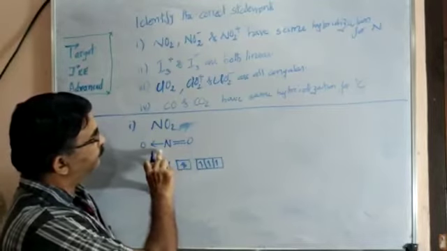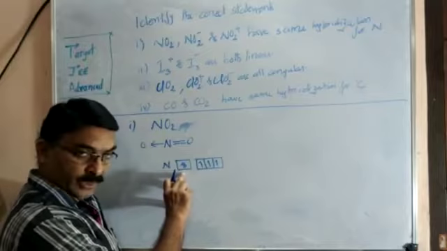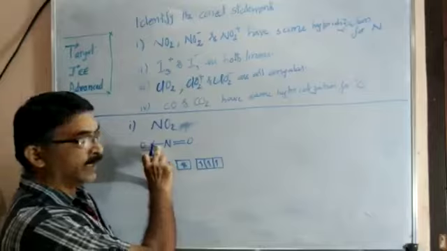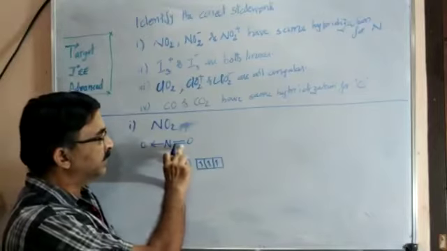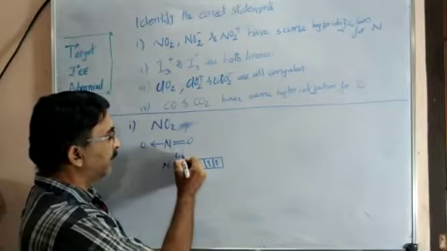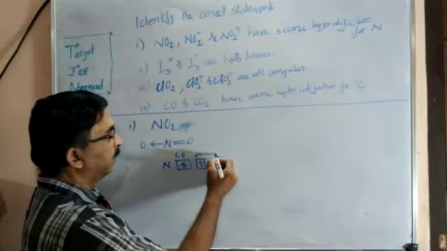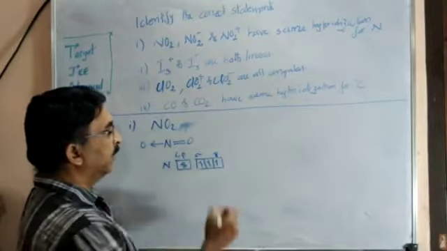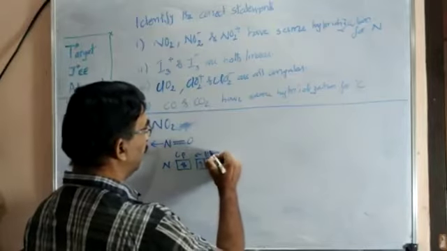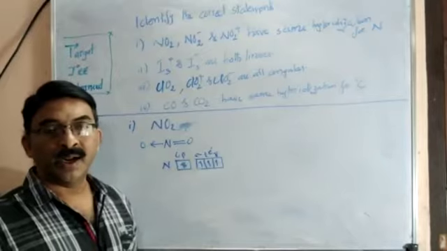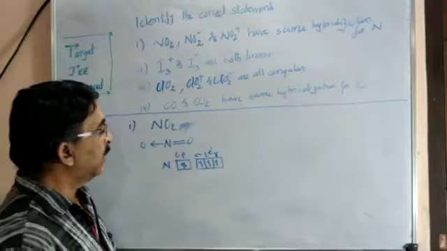Here, the hybridization to be involved must include the orbital that contains the lone pair as well as the sigma bonding. This is the lone pair, this is the sigma bonding orbital, and this is the pi bonding orbital, and one orbital will remain with an unpaired electron.